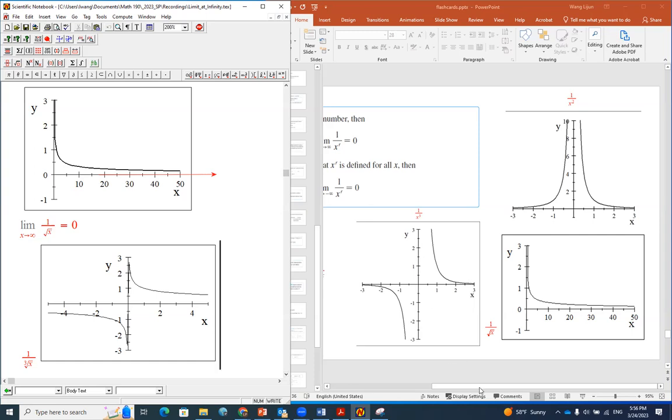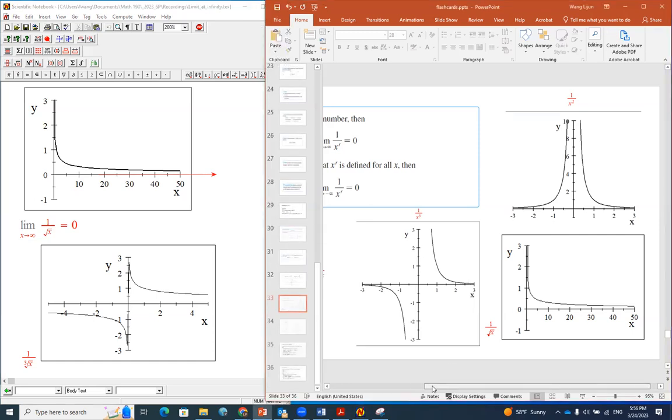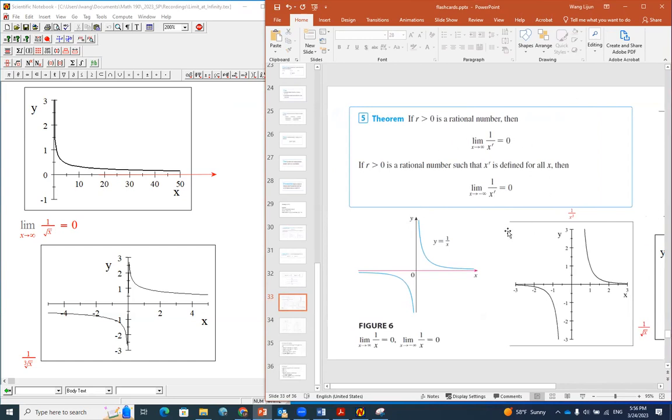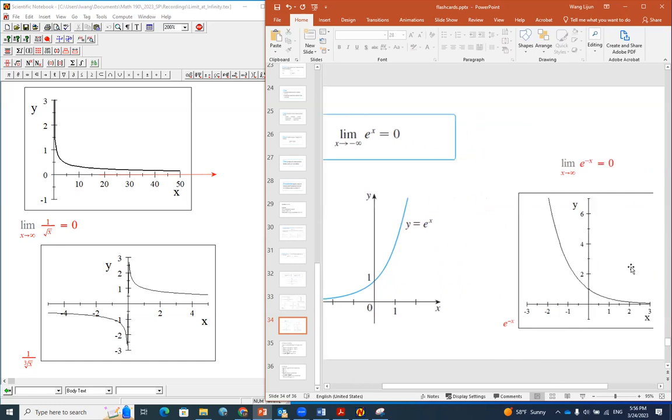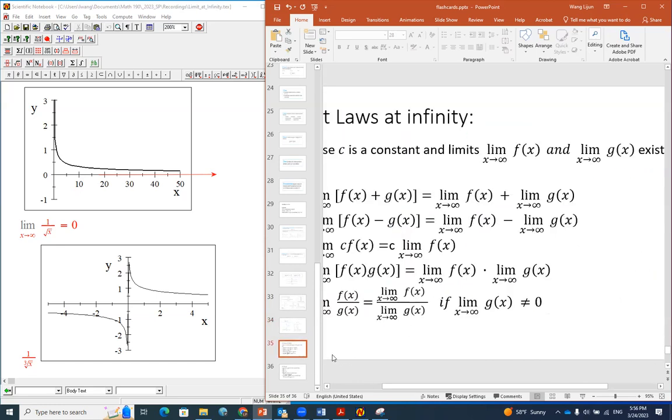So that was the explanation of this theorem. Why do we have this theorem? It seems to be so trivial, and the examples seem so straightforward. Well, it's actually pretty useful. We're going to use it pretty soon for e to the power x and e to the power negative x, which we just talked about.